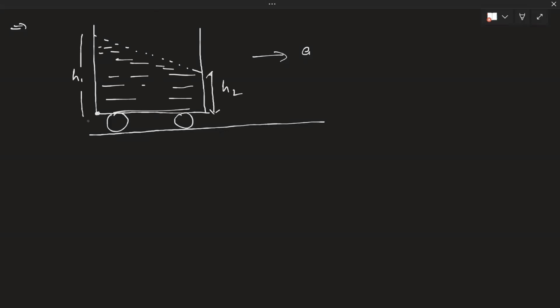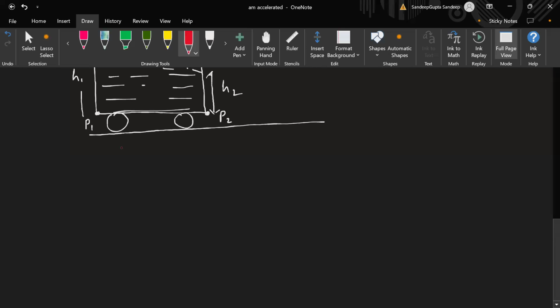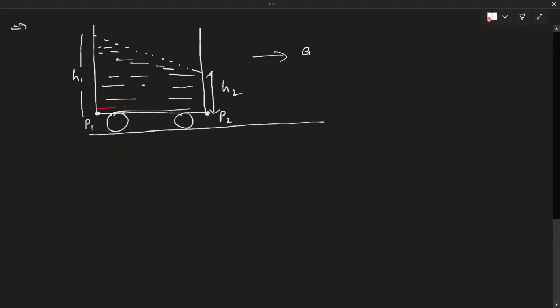At this point, pressure is P1. At this point, pressure is P2. And the length of this container is L. So I can write P1 is equal to P2 plus rho a L. There I had taken x. Now I am taking the complete length L.